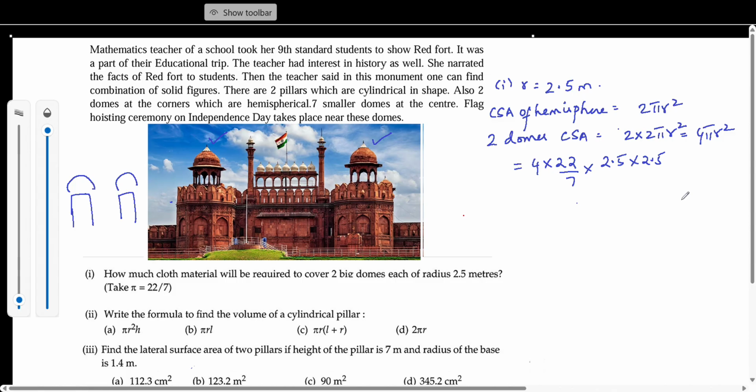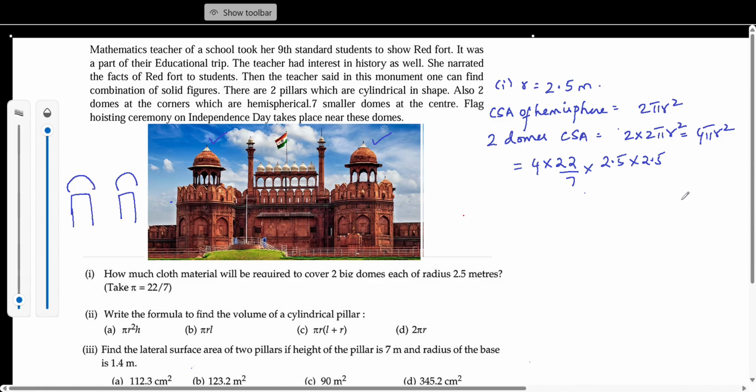We are not going to use a calculator and only rely on our calculation. We must try to simplify it as much as possible. 2.5 into 4 would give us a 10. 10 into 2.5 would again give us a 25.